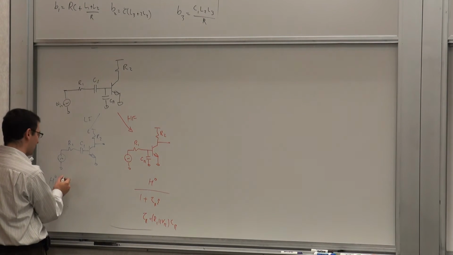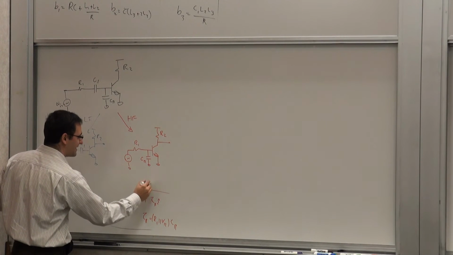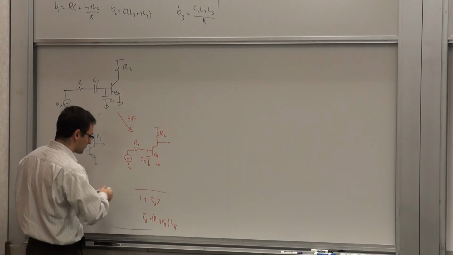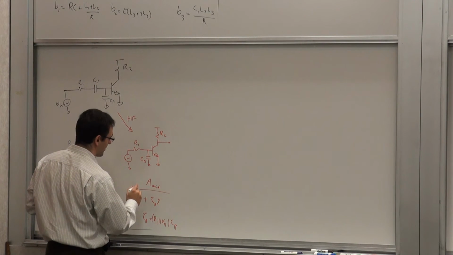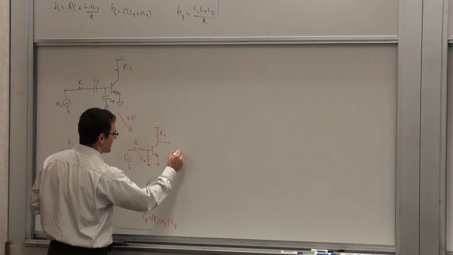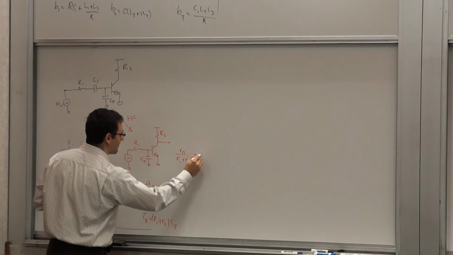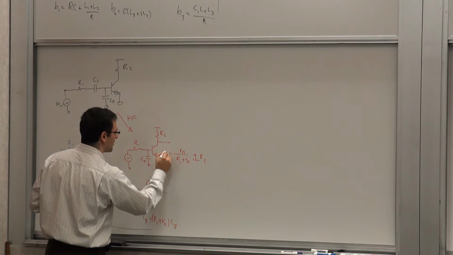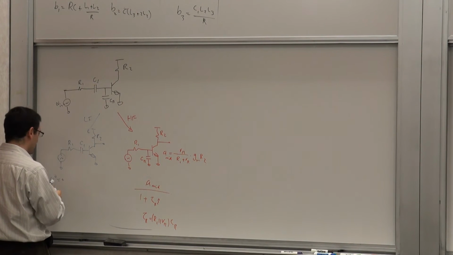H1 is whatever that, well, let's call this ADC, or A mid, the mid-band gain, which is in this case basically R pi over R1 plus R pi times GM R2, the mid-band gain. So H1 is A mid.